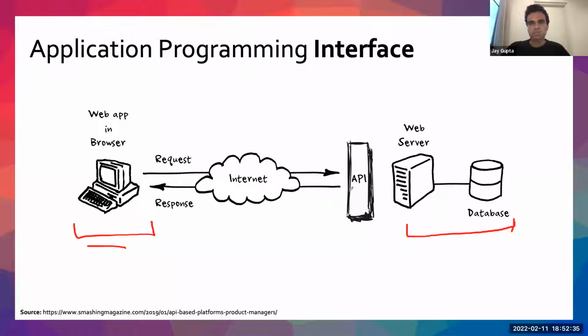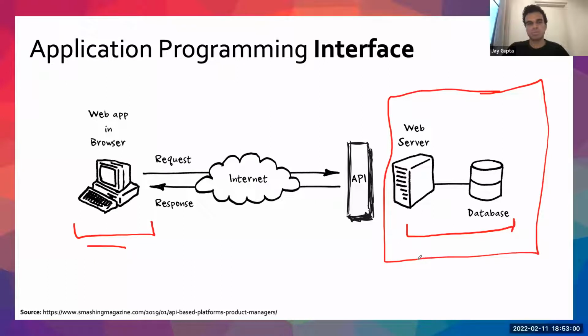So what happens is, suppose in the web browser, you search for a request. So suppose you type in, say, google.com. Google is actually stored on a web server somewhere. It's connected to a database somewhere, but that is information that we don't need to know about. So this whole part is basically like a black box for us. We don't know what's going on here and we don't care.